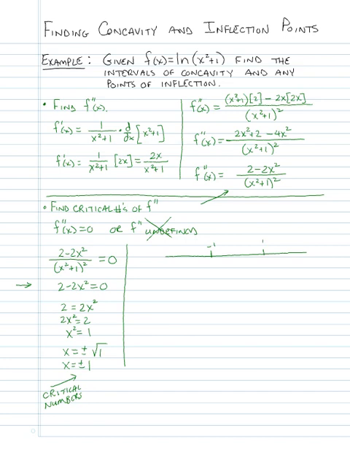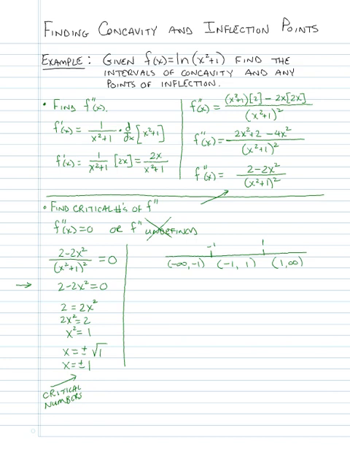And so we basically have an interval from -infinity to -1. And then we have an interval from -1 to +1. See, -1 and 1 break up the real number line into 3 parts, don't they? And then we have an interval from 1 to infinity.